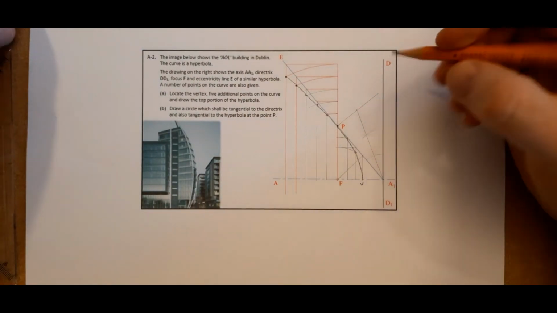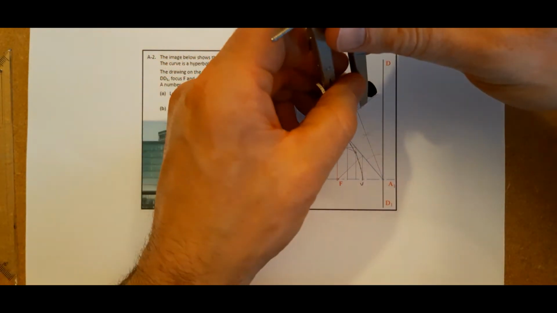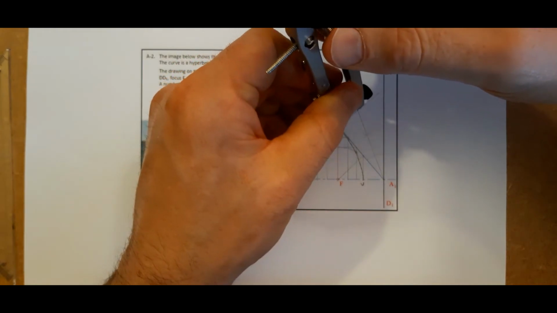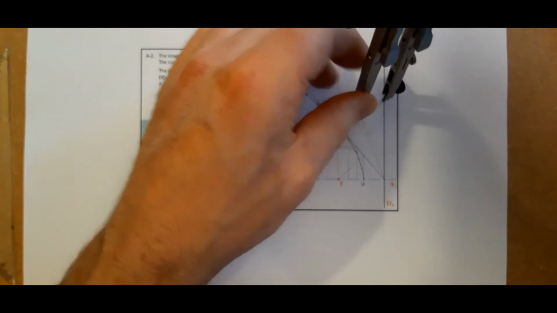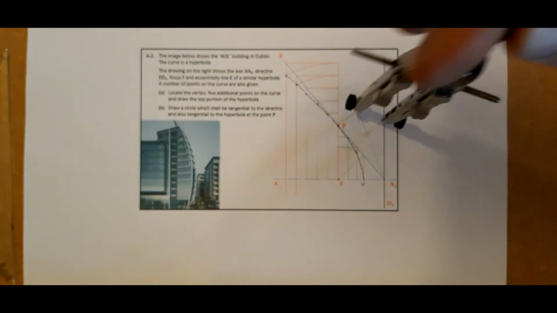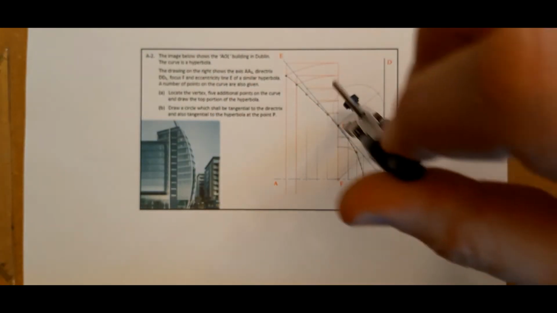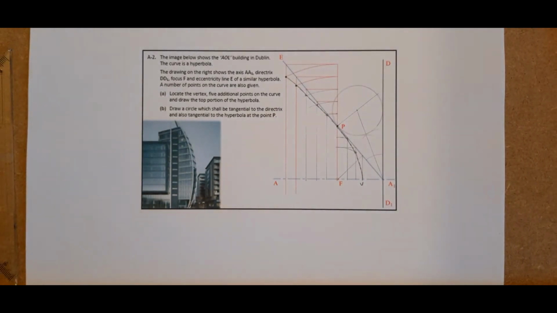Now this is the place we'll put our compass to draw that circle. And that is A2.